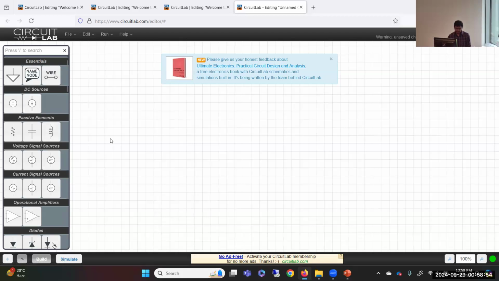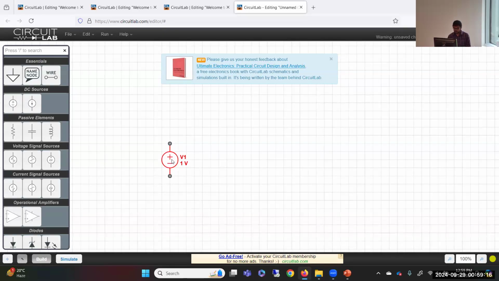So in that circuit, we had 1 voltage source. So how to use this? You just have to select the element that you want to use, and then hover over to the canvas. This is your canvas. Just click, and it will be placed.